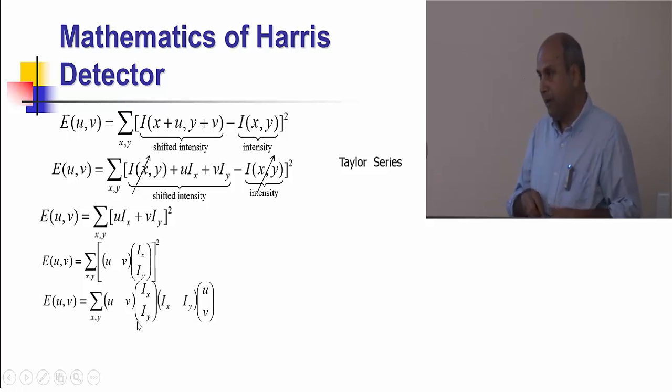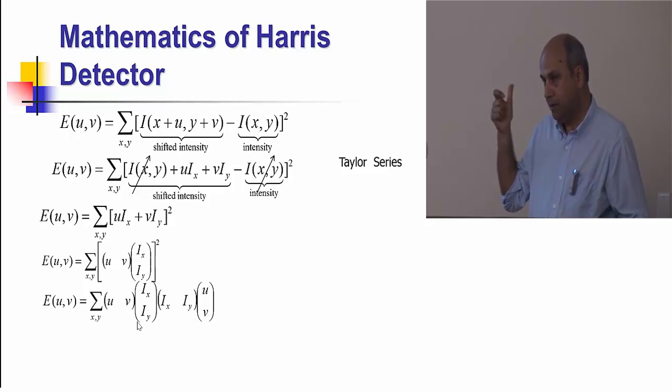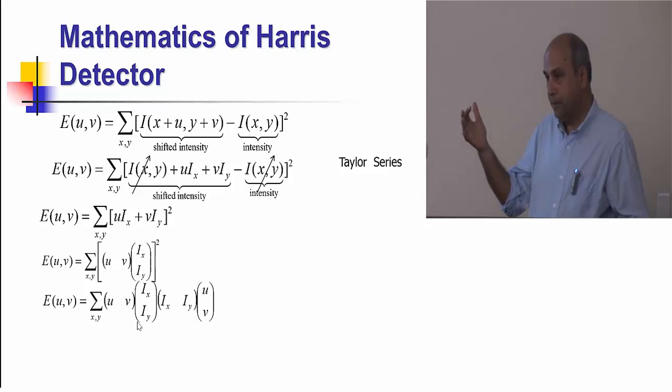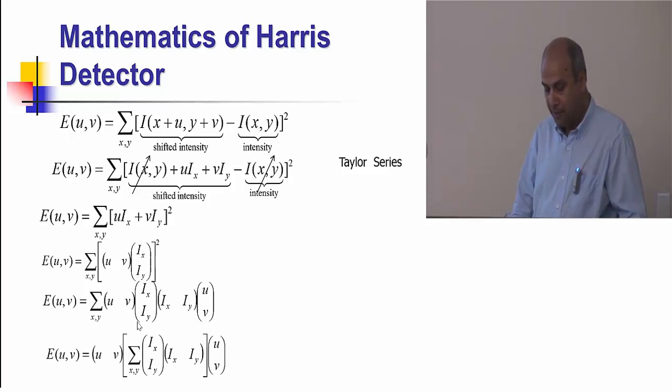Multiply a 2 by 1 vector with a 1 by 2, it will become what? A 2 by 2 matrix. And that matrix we will call the M matrix. And we can actually take (u, v) outside the summation, because the summation doesn't involve u, v, only x, y. And that is your M matrix.